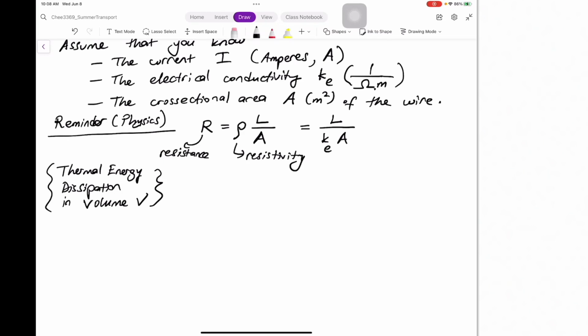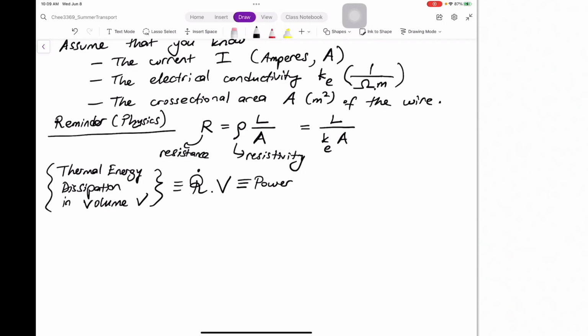You can write it as the fancy R dot, the rate per unit volume, times volume, which gives you the rate of heat generation per unit time. And this is basically nothing but the power dissipated.